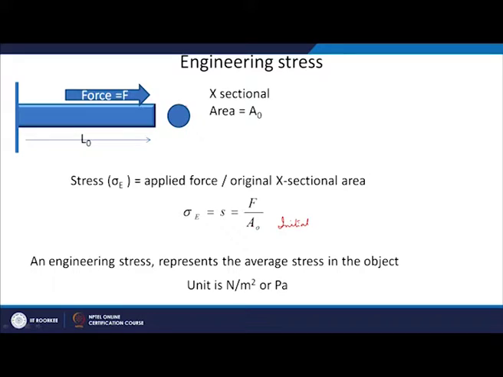Of course, we have already talked about the units here. An engineering stress represents the average stress in the object, so the force divided by this cross sectional area will give you the engineering stress.